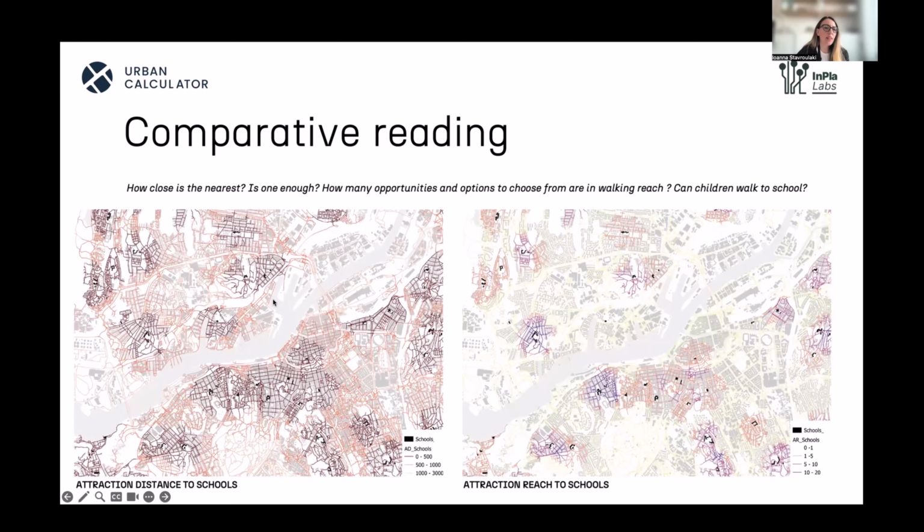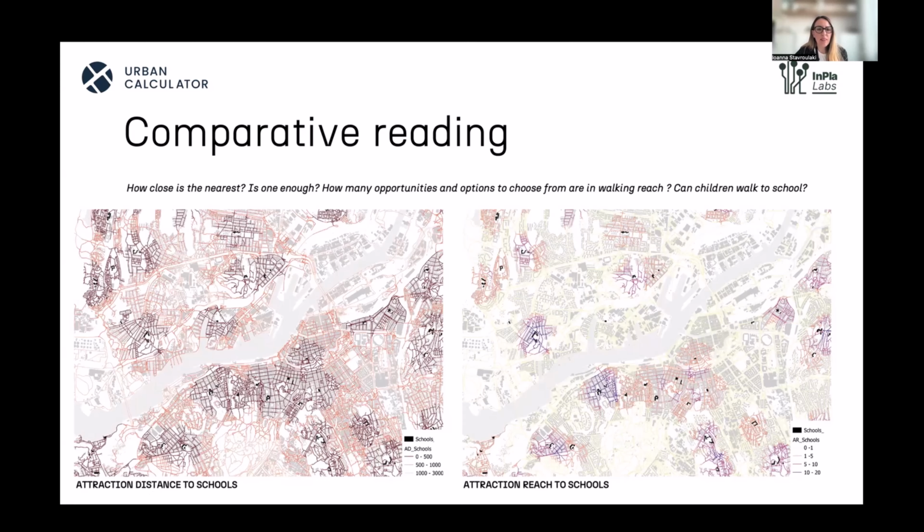So you see the areas, the streets, that are closer to schools. But on the right, we do not only see how far it is to the nearest school, we also see how many schools are reached from each street. And then going from light yellow to purple, we see that some streets do not only have access to one school, but actually in a 500 meters walking distance, they have access to more than 10 schools.